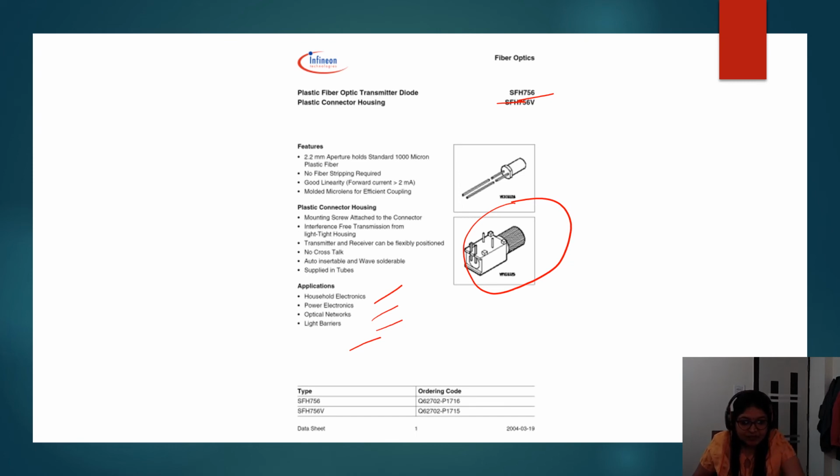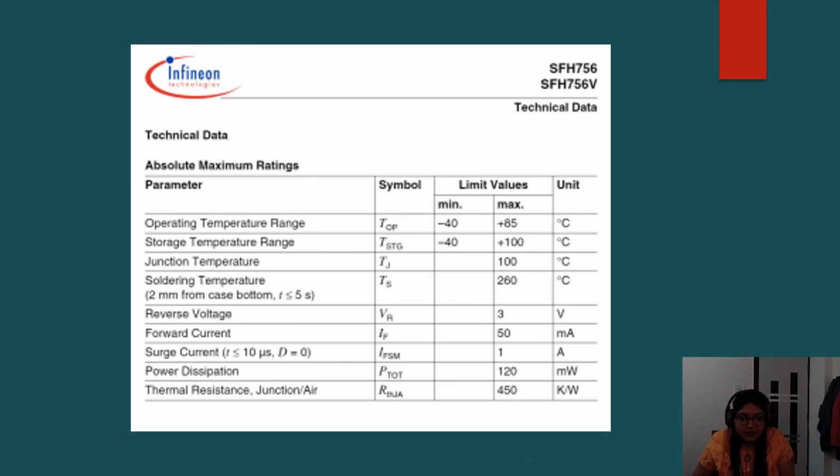These are very important ratings for this practical: operating temperature minus 40 to plus 85, storage temperature range minus 40 to plus 100, junction temperature 100 degrees centigrade, soldering temperature 260 degrees centigrade, reverse voltage 3 volt, forward current 50 milliampere, surge current 1 ampere, power dissipation 120 milliwatt, thermal resistance 450.